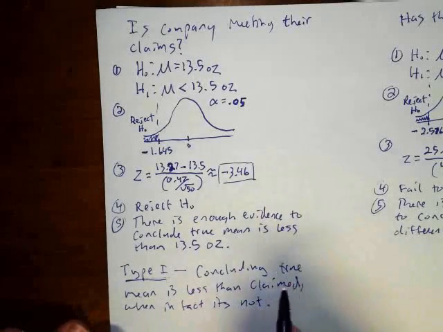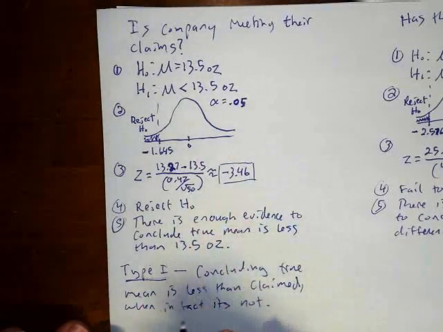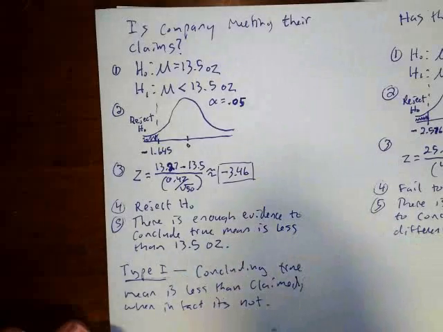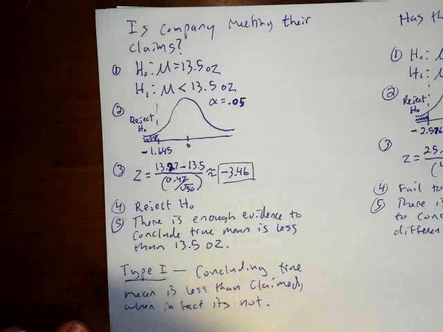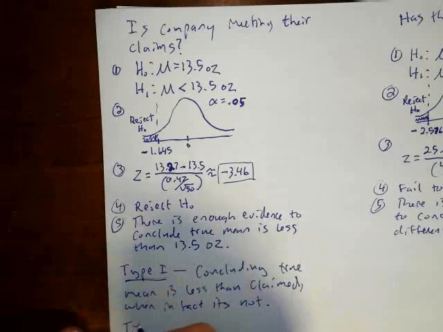In a sense, this is kind of saying the company is guilty, concluding that it's less than, when in fact it's not less than. The company's claims were being met, and we in a sense condemned them and said that they were guilty when in fact they weren't. That would be the type 1 error.